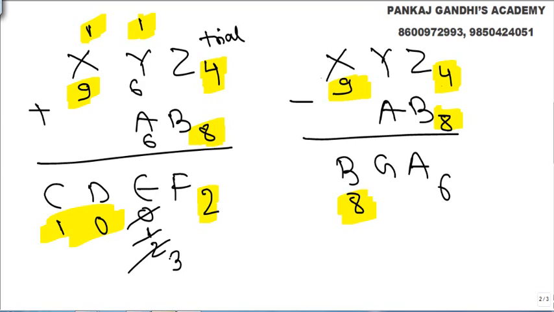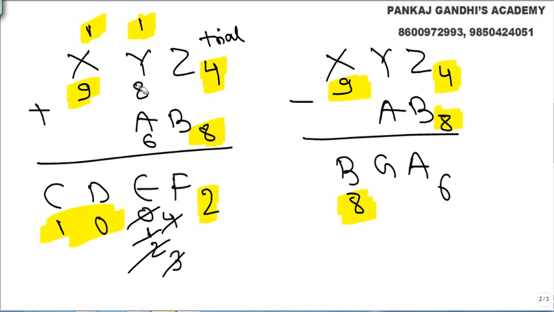6 and 1, 7. 7 and 6, 13. Minimum 6. No, it's not possible. Both cannot be 6. If we try 7, 6 and 7, 13 and 1, 14. It works fine. Problem is Z is already 4, so this cannot be 4.